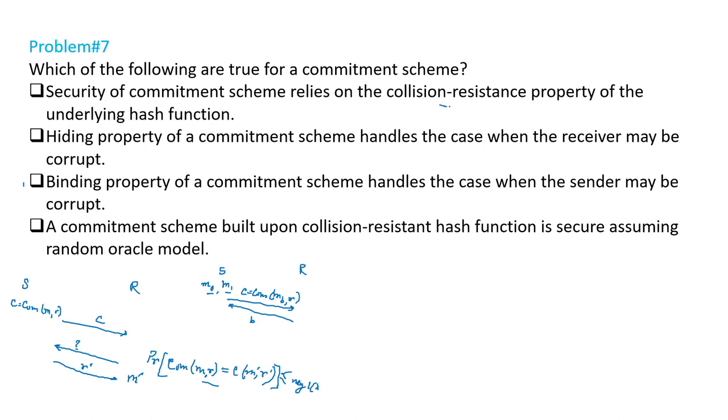Not only the collision resistance property of the hash function, but also the random oracle assumption comes into play when we are talking about the hiding property of the commitment scheme. So this is not sufficient. If we say that commitment scheme security relies on the collision resistance property of the hash function, this is not true, because it is not sufficient. Rather, we need to consider the random oracle model to prove the commitment scheme built upon a collision resistant hash function secure. So this statement is true, but this is not.